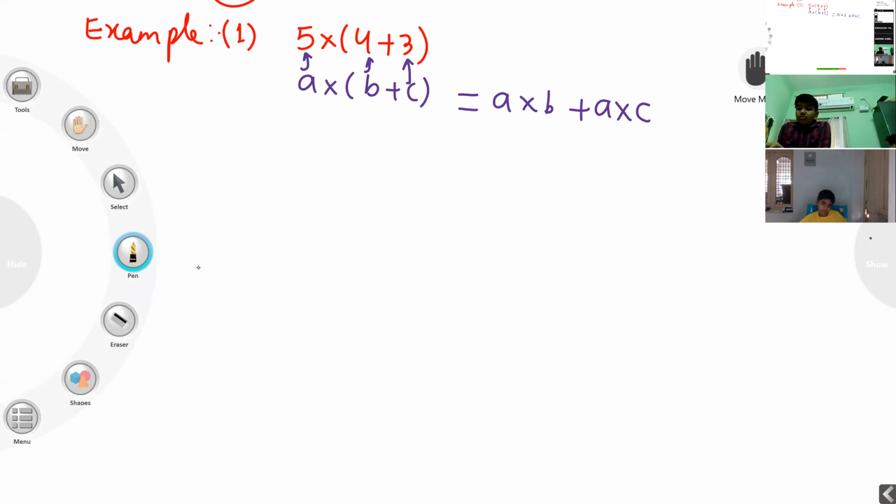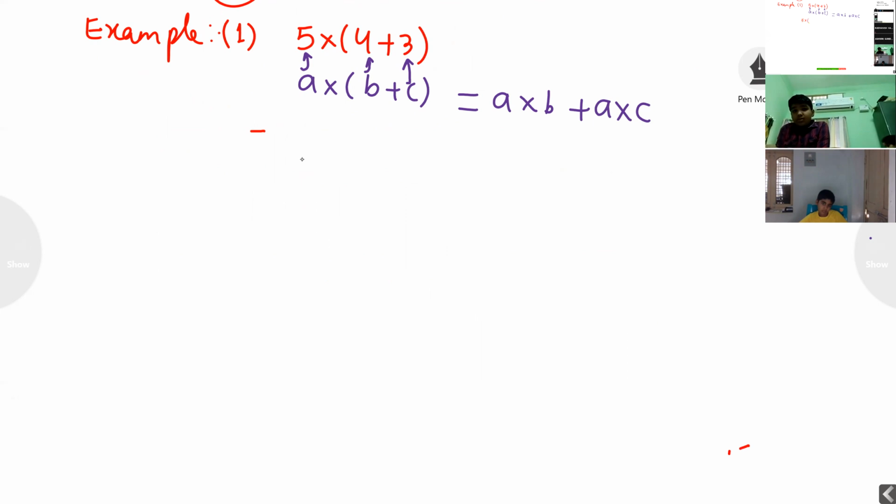In the place of A, I am writing 5 into, in the place of B, I am writing 4 plus, in the place of C, I am writing 3, is equal to A into B, 5 into 4, plus 5 into 3.